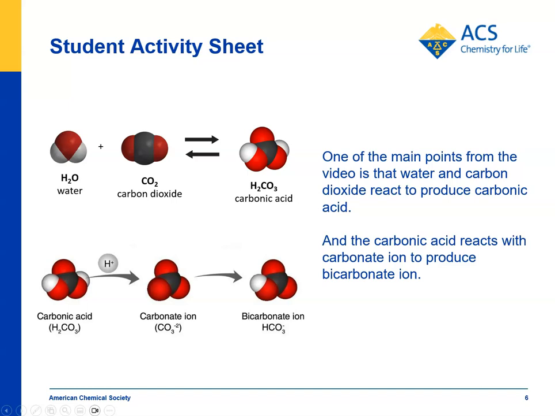But the hydrogen ion from the carbonic acid reacts with the carbonate ion that they need to create bicarbonate ion, which they can't use. So that's really the biggest problem in the ocean acidification story, is that the carbonic acid reacts with the carbonate ion, creating a bicarbonate that the shell-making organisms can't use.